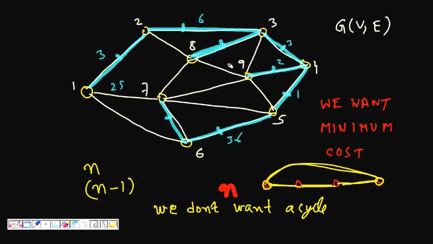Then we want a set of n minus 1 edges whose weight is the minimum, because that will give us the minimum spanning tree. You can have multiple spanning trees, but we have to find the spanning tree with minimum weight.